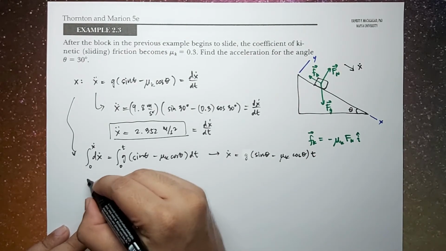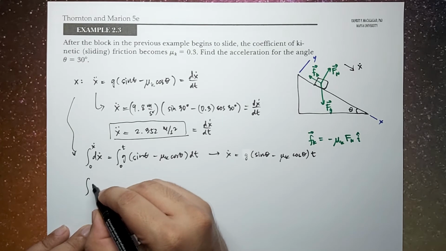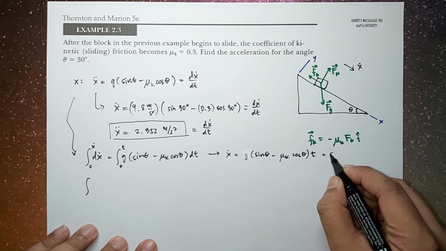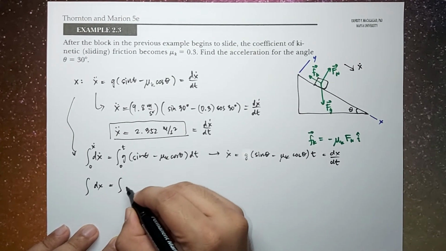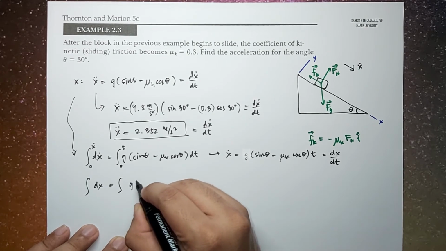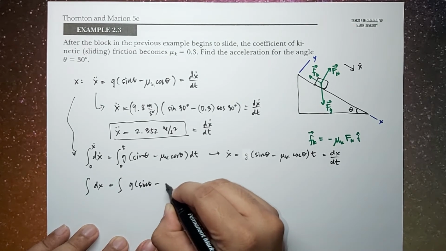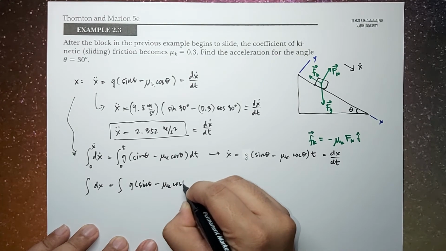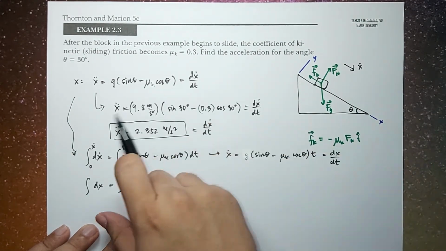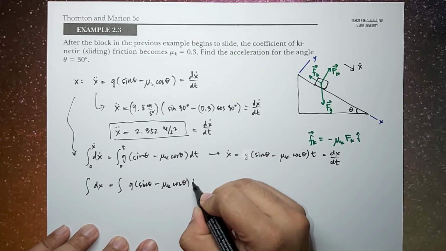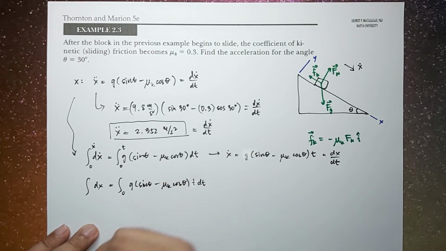Then integrating again. Remember, this is the derivative of x with respect to time. So the integral of dx will be equal to the integral of g sine theta minus mu k cosine theta times t dt, from time equal to 0.